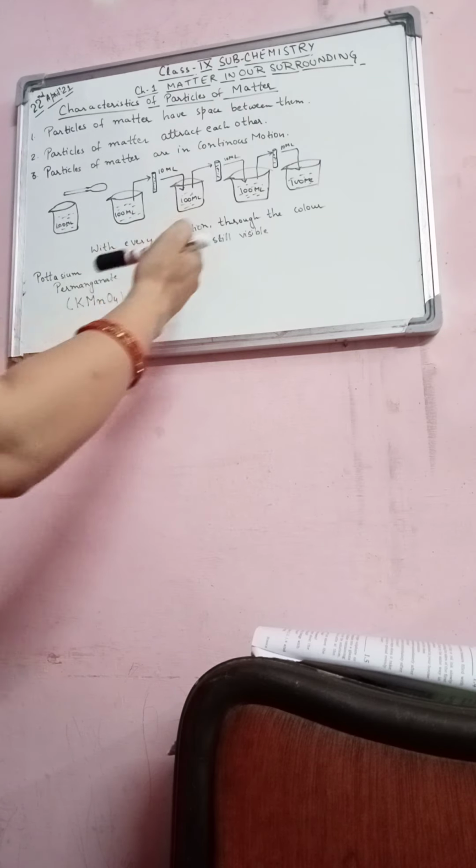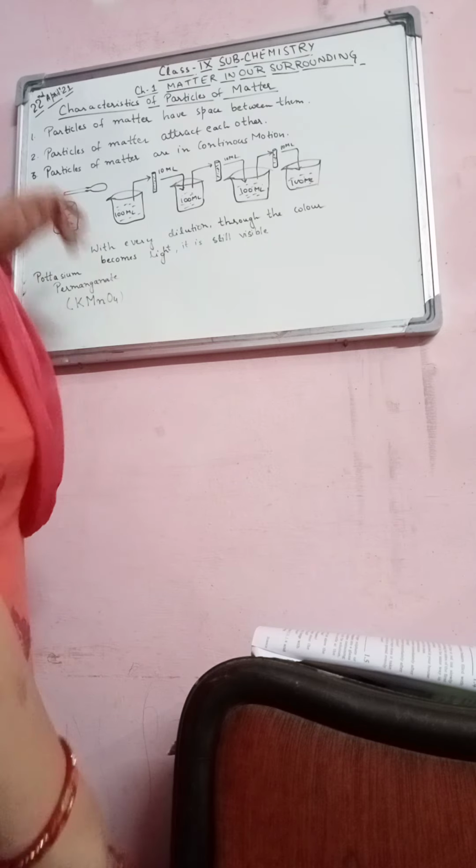So we concluded that there must be millions of tiny particles in just one crystal of potassium permanganate, which keeps on diluting. So by this experiment, it is concluded that particles of matter are very small.